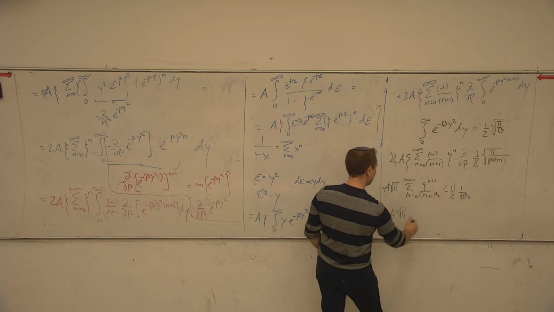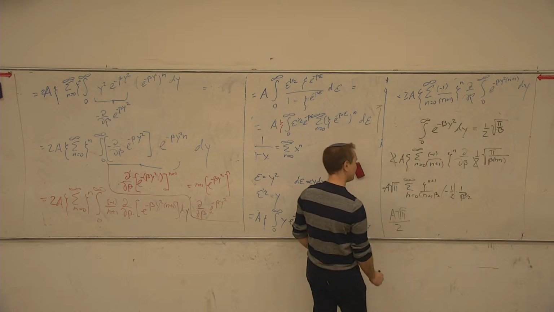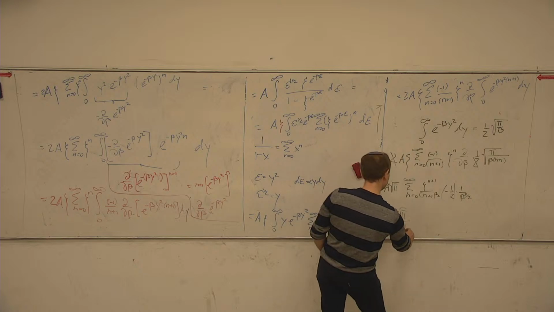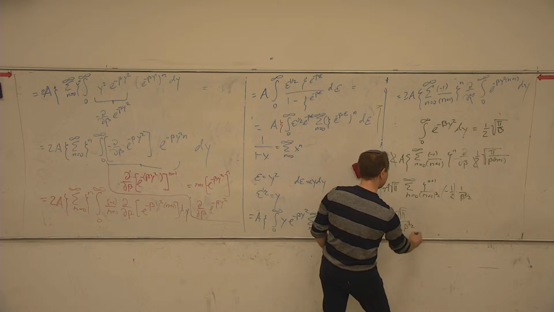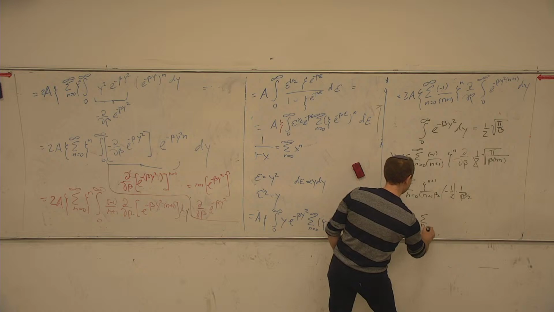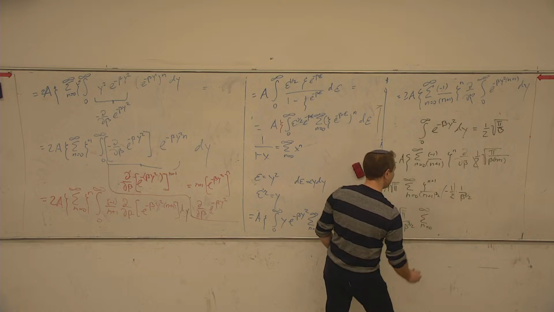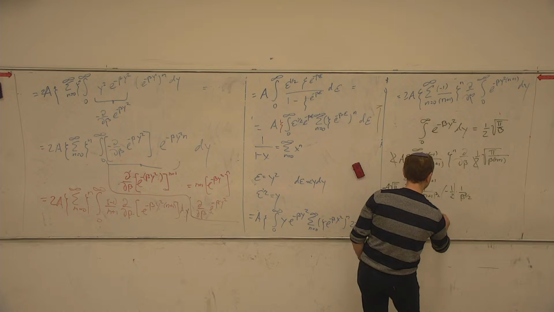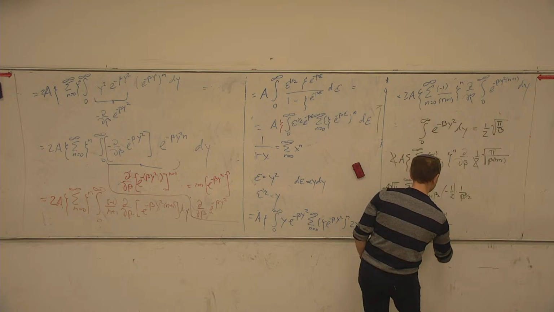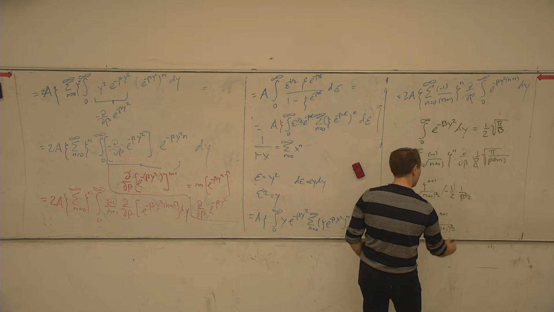This minus cancels out, so we have divided by 2. And we have beta to the power of 3/2. And we have a sum, n goes from 0 to infinity, of the fugacity to the power n plus 1 divided by n plus 1 to the power 3/2.